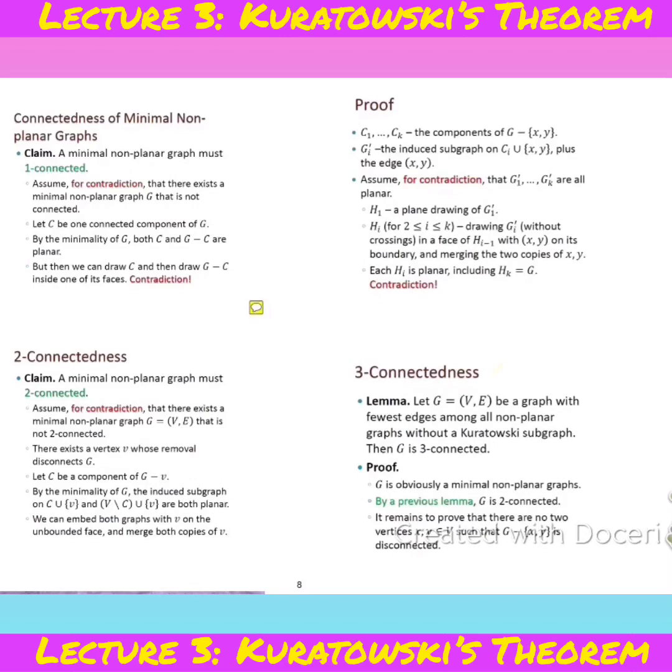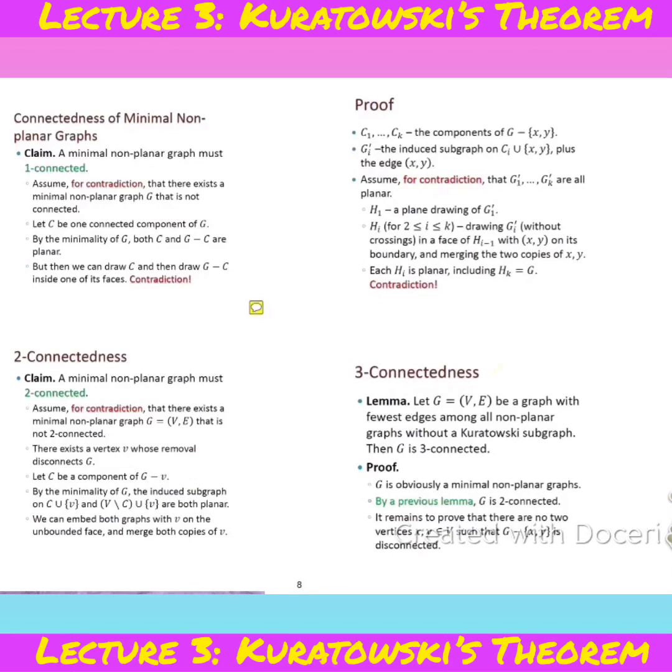So we assumed that there is a graph G that has no Kuratowski subgraph and is non-planar. Let's suppose there exists such a graph. Recall that from all those graphs that possibly exist, we chose G to be the smallest graph, minimal with respect to that property.